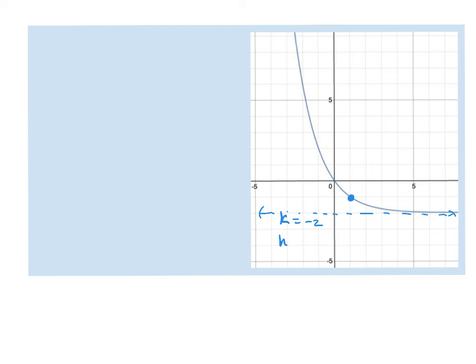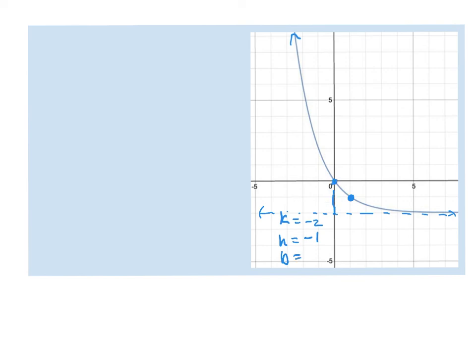Now, since I'm going 1 to the right, h is equal to a negative 1. Notice that since it's going up to the left, it's going up over here. That means I'm going to have a fraction for my b value. So I have to go over 1 unit and up 1. That's going to be my next point.